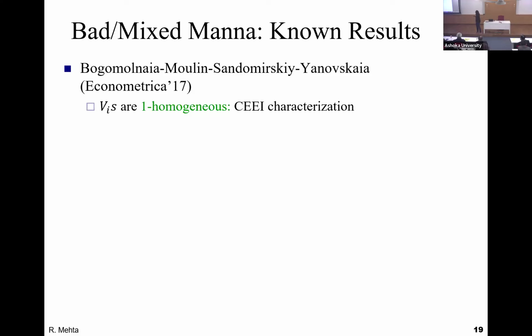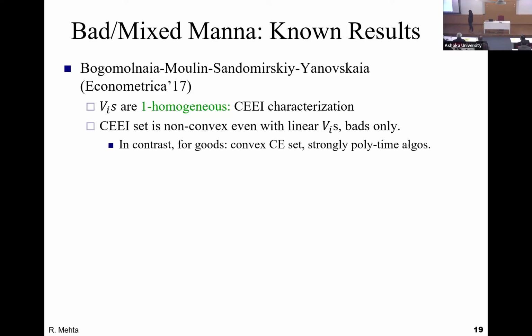So they said that when valuation functions are homogeneous, they characterize the CEEI completely, which is competitive equilibrium with equal income. The first thing they observed is that the CE set can be non-convex even when the valuation functions are linear when you have chores, and even when you have only chores.